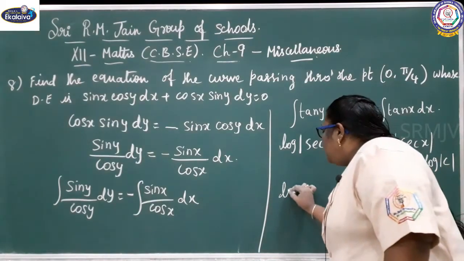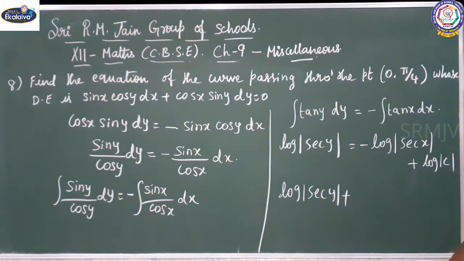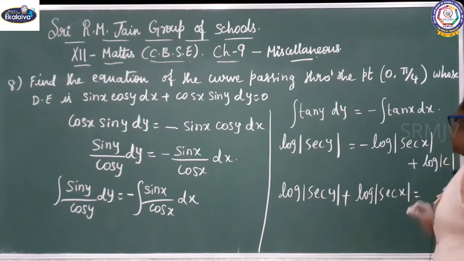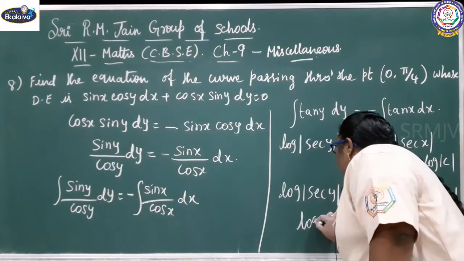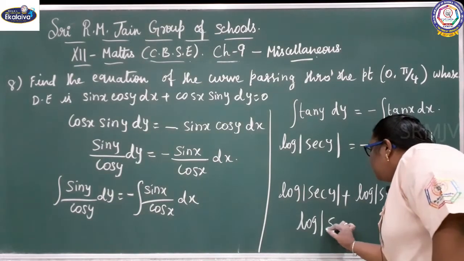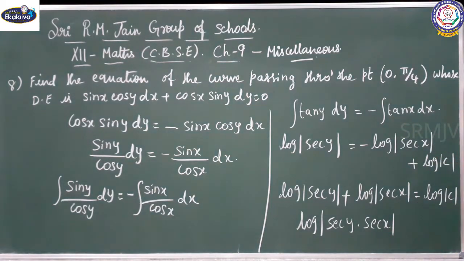So log of modulus of secant y plus log of modulus of secant x equal to log of mod c, that is log m plus log n equal to log mn. Log of modulus of secant y into secant x equal to log of modulus of c.